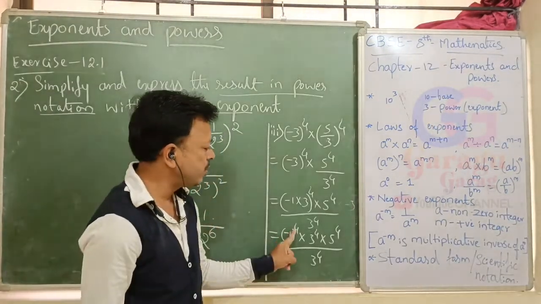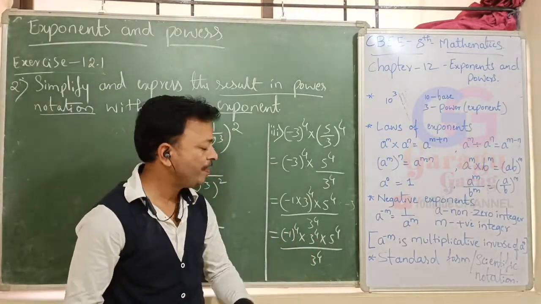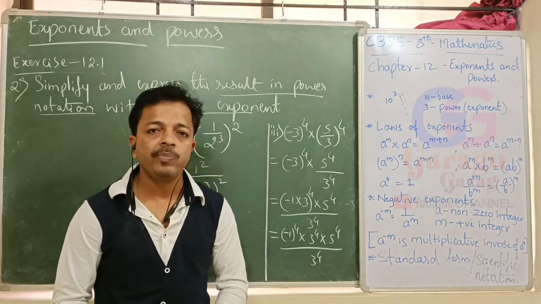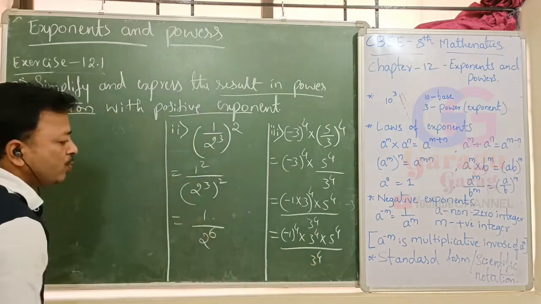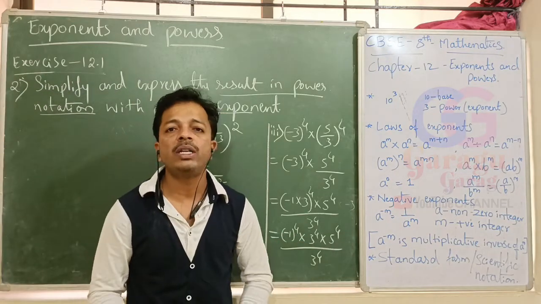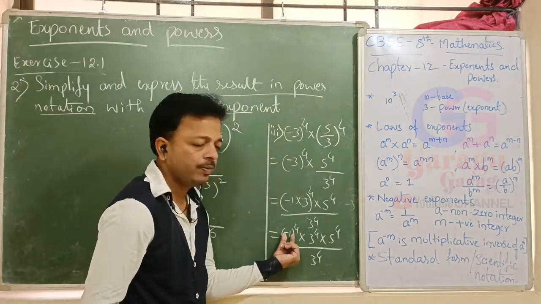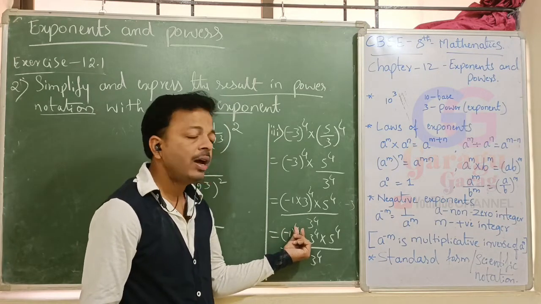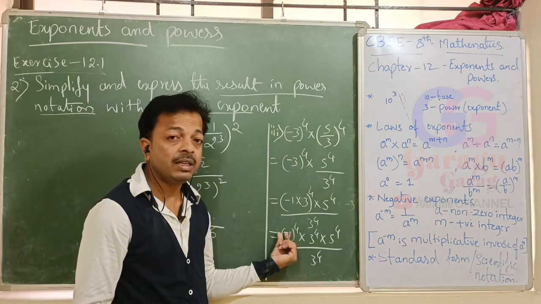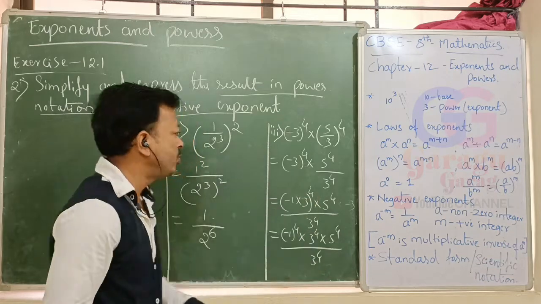So minus 1 raised to 4 into 3 raised to 4 into 5 raised to 4 divided by 3 raised to 4 is there. Now these two bases are same. Minus 1 raised to 4: this is a negative number and the exponent is even. If it's even, then the negative number will become positive.